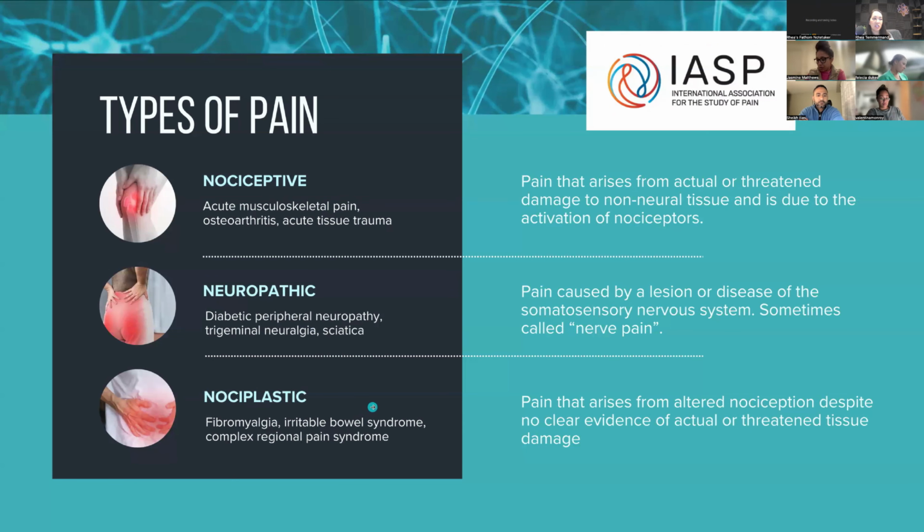We don't see any tissue damage anywhere, but people are experiencing diffuse body pain in their muscles and their joints. IBS is another example, and complex regional pain syndrome, previously called RSD. So these are all types of nociplastic pain, not very well understood, very difficult to diagnose, and oftentimes dismissed in a lot of patients too, which is a shame.